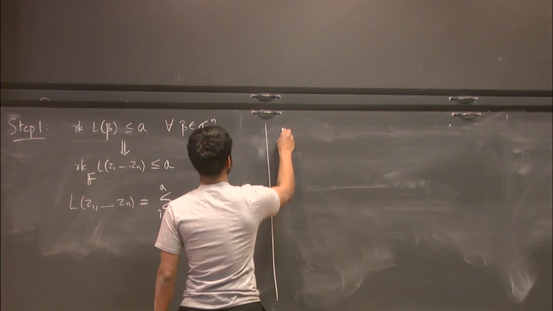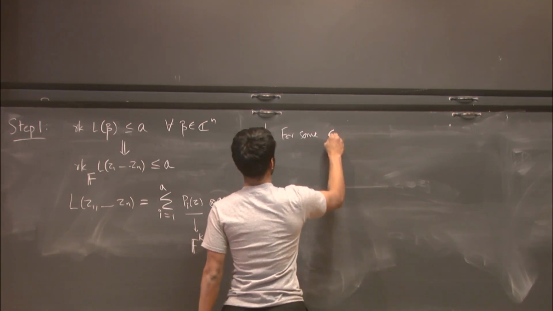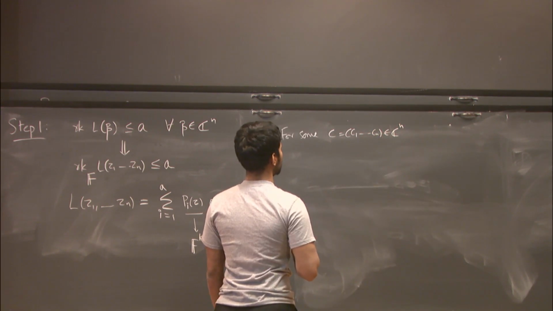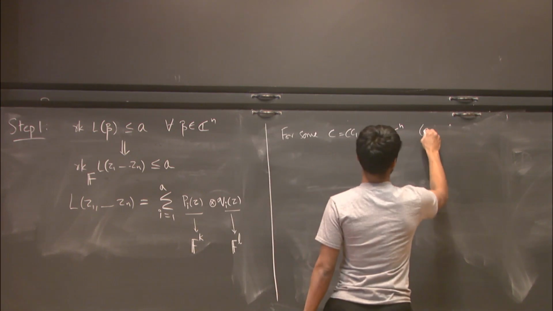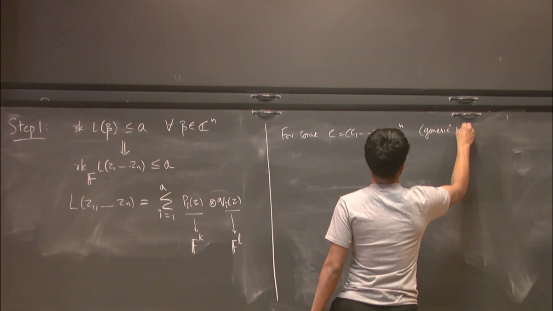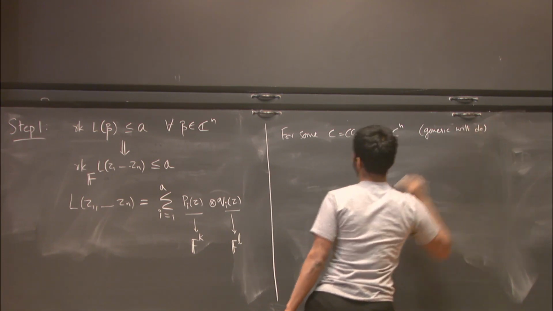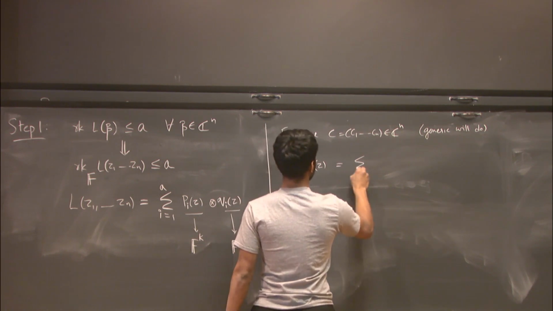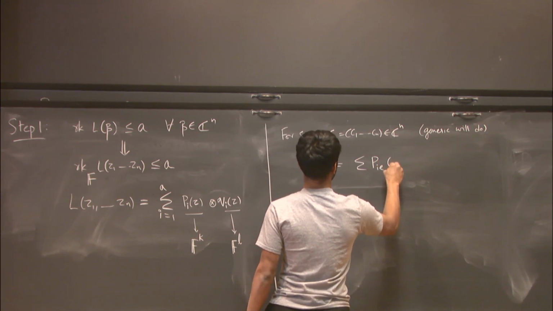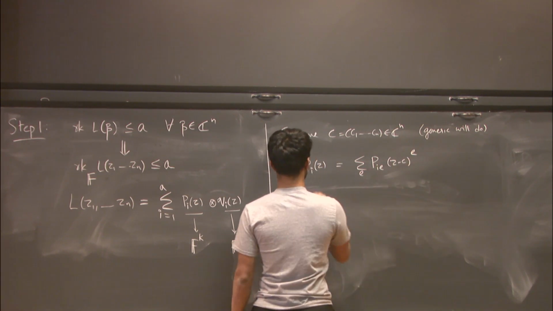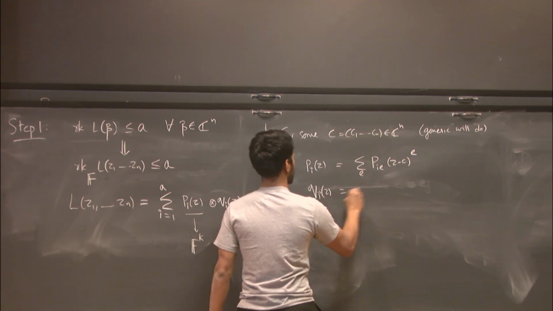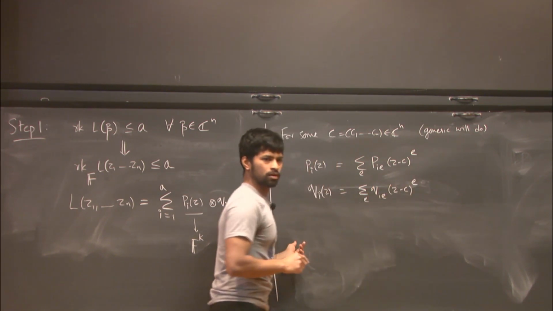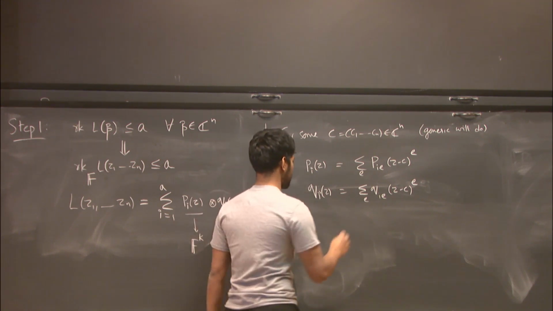So for some complex numbers C1 to Cn, generic will do, you can write each one of these guys as a sum over P_i,e (z minus c) to the e, and you can also do this for the Q_i's.